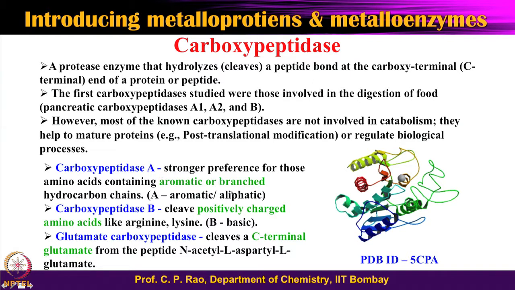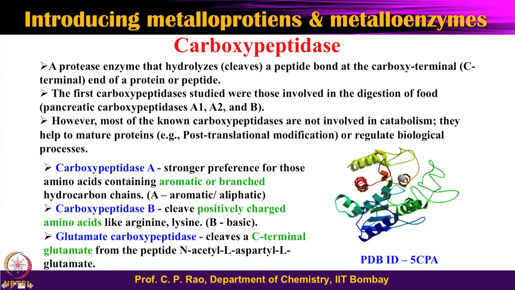Carboxypeptidase A is where the neighbor amino acid is the aromatic branch, and if you have positively charged amino acids like lysine, arginine etc. as the neighbor amino acid to the peptide bond you are cleaving, then this will be carboxypeptidase B, and if you have a negatively charged species in the neighbor, then it will be glutamate carboxypeptidase. This is also called carboxypeptidase C. Carboxypeptidase A, carboxypeptidase B, carboxypeptidase C.